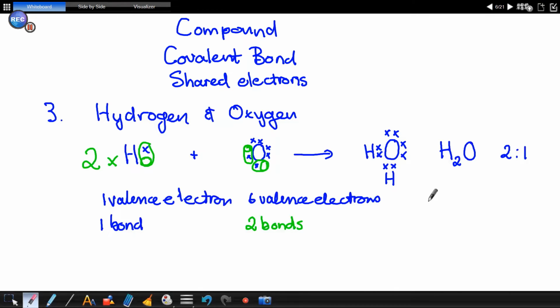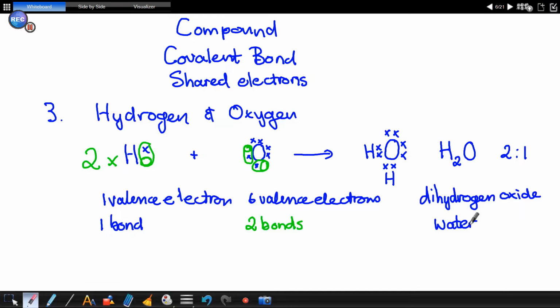So this is dihydrogen oxide in the science world, and in the whole world this is called water. But now you can see why the formula for water is H2O. It's because oxygen can form 2 bonds and hydrogen can only form 1 bond.